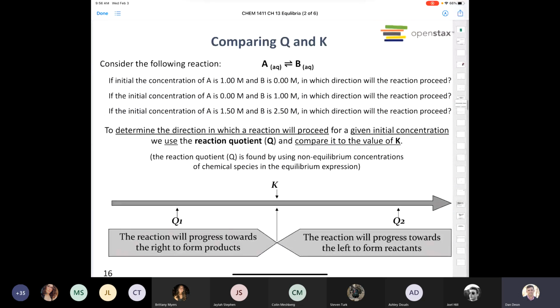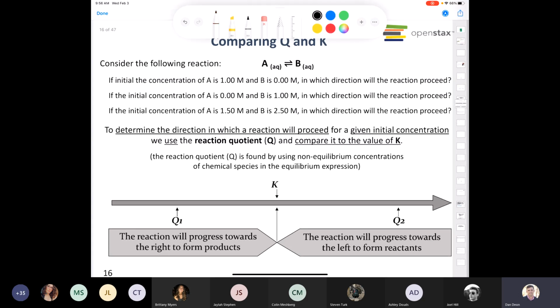There's not a whole lot of new information here. I guess we could take a look at it. Anyhow, it says here, if you have this reaction and you were to write an equilibrium constant, I'm just kind of rehashing the same thing over and over here. It would look like this, B over A. So if you had an initial concentration of A that is 1 and B that is 0, then you'd have 0 over 1, and 0 divided by 1 is 0.